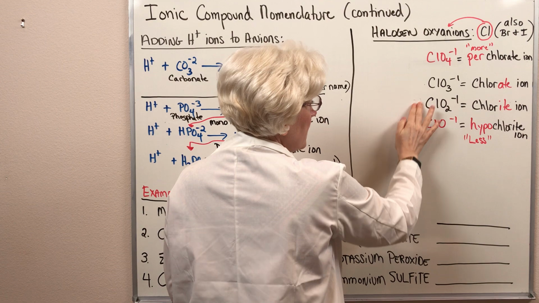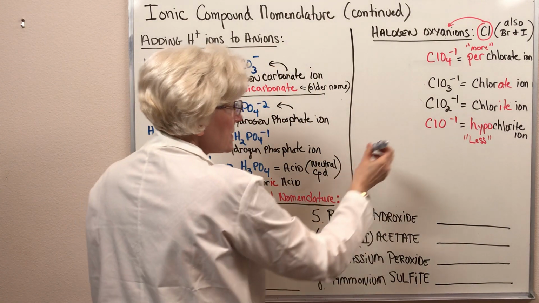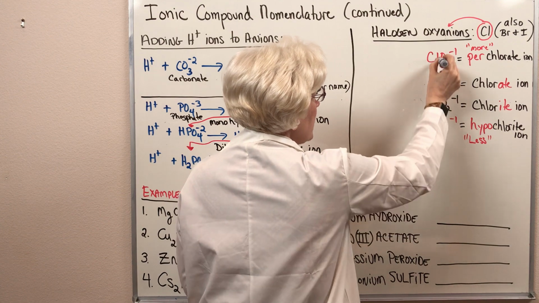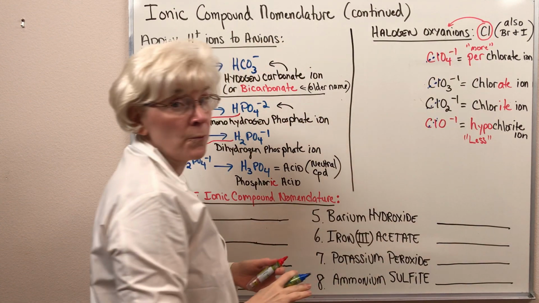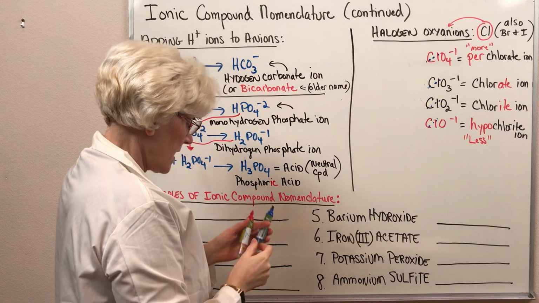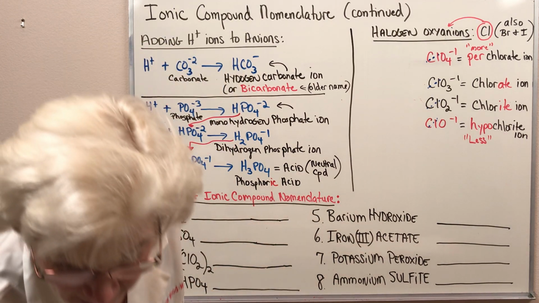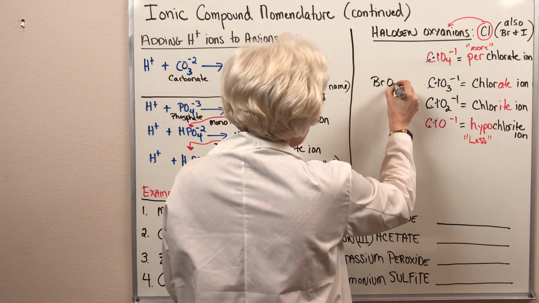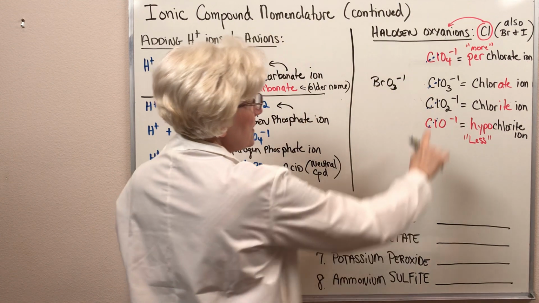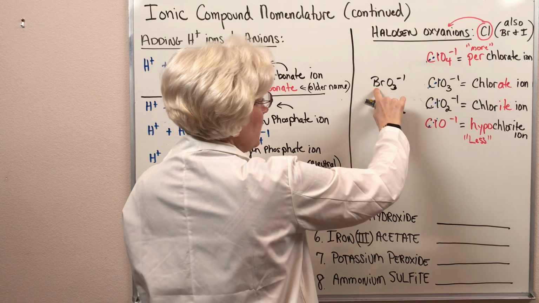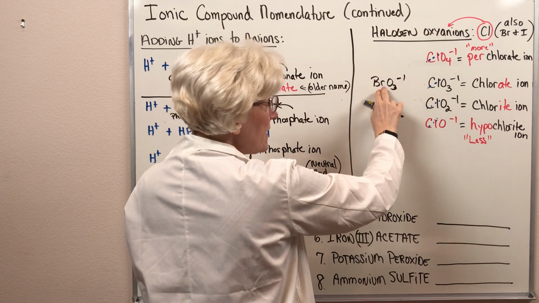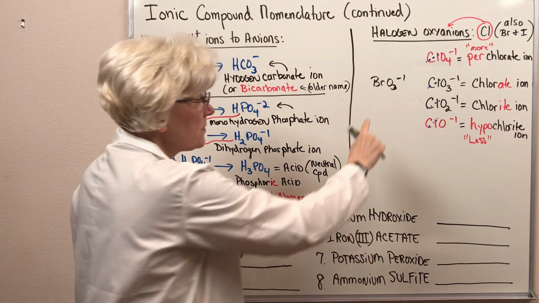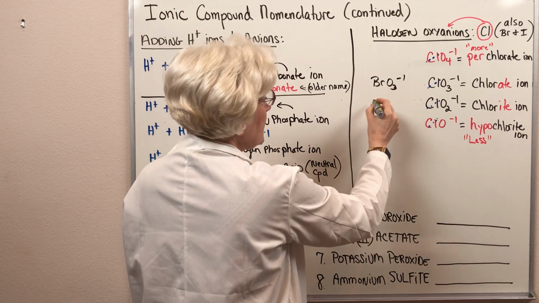So I can come in and substitute out the chlorine atom and put in either one of these halogens in its place. So I can write here BrO3-1, substituting chlorine with bromine, and then this anion, using the same naming pattern, would be called bromate.